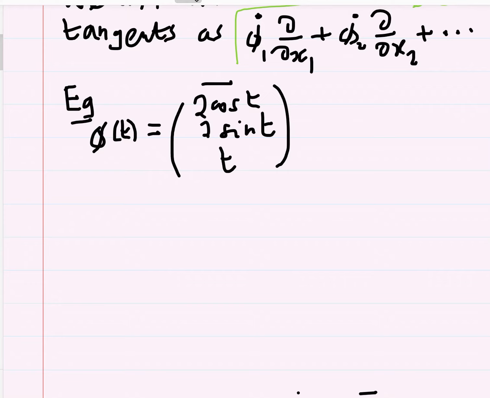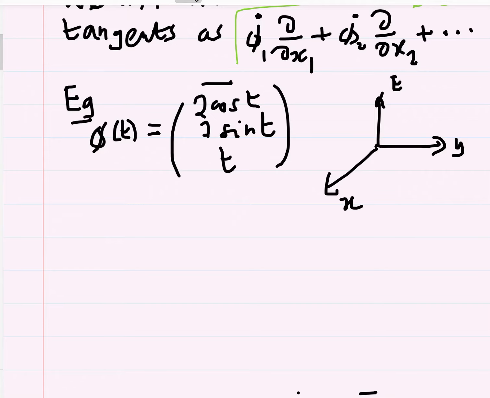So this is a curve that is going to be in R3. Your x coordinate is 2 cos t, your y coordinate is 2 sine t, and your z coordinate very simply is t. So the question is, what is this curve in R3?